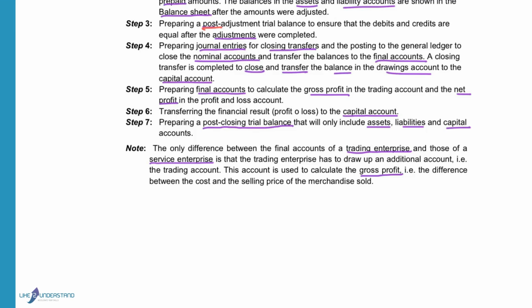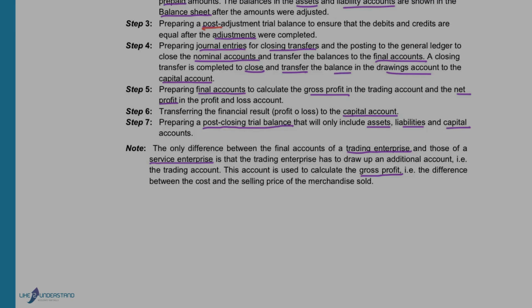They will only render a service, and that service with all the expenses will be recorded in the profit and loss account, and that is also done in a trading enterprise.